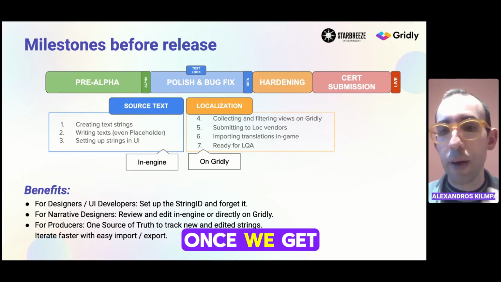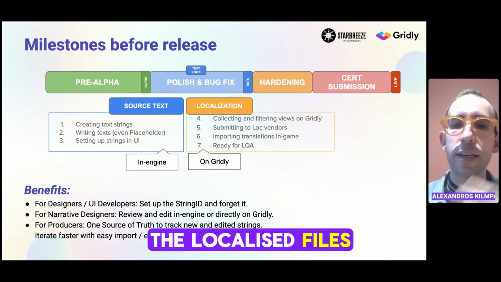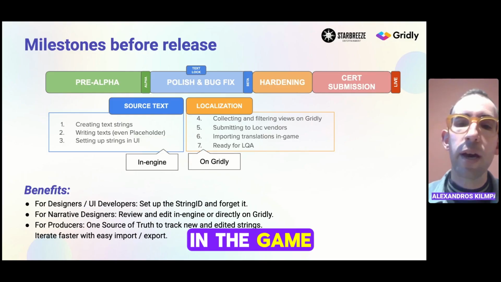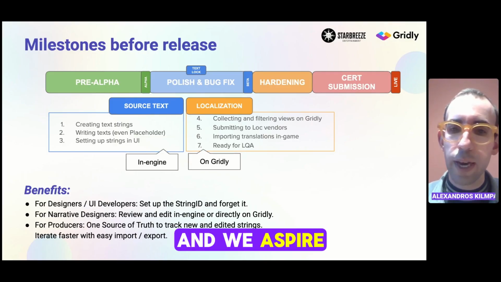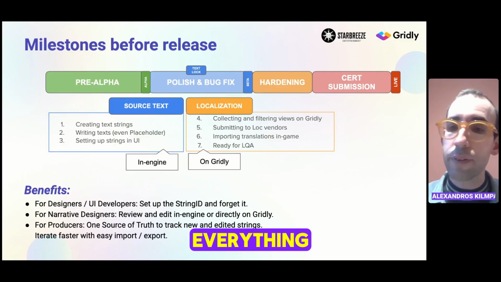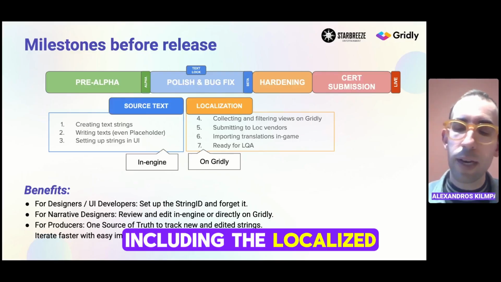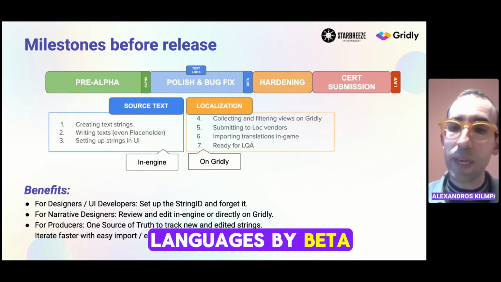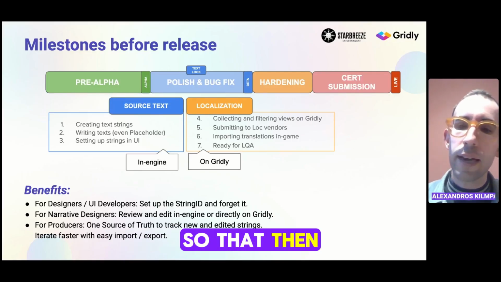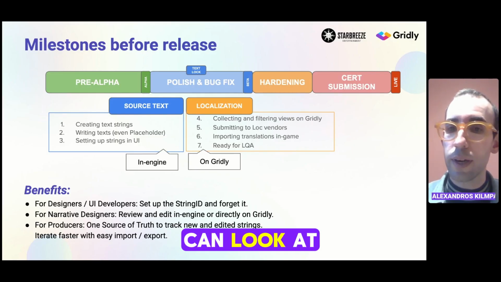Once we get back the localized files, we put it in the game, and we aspire to have everything, including the localized languages, by beta, so that then LQA can look at it.